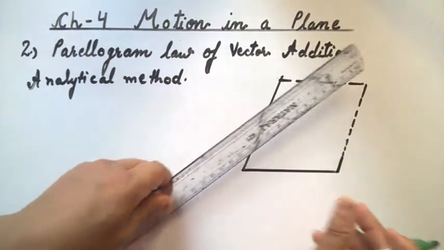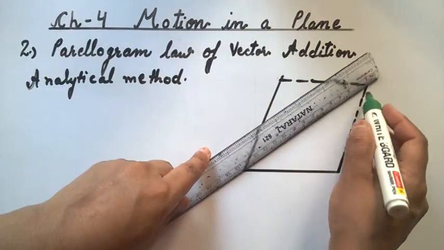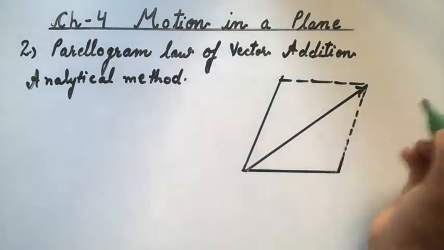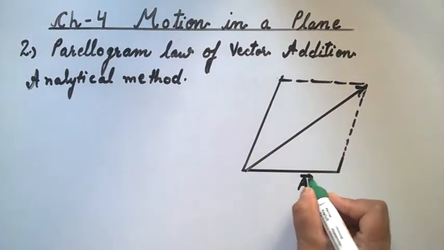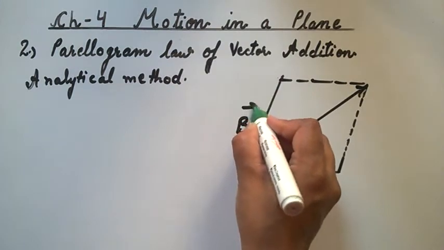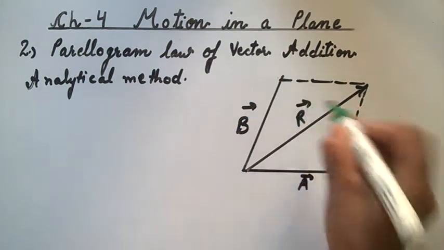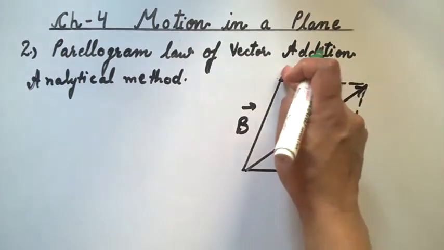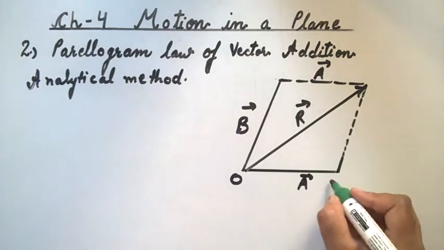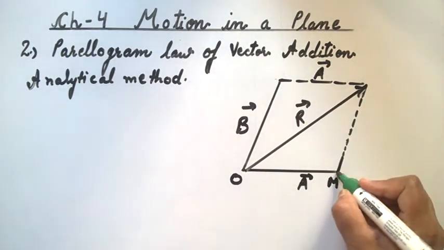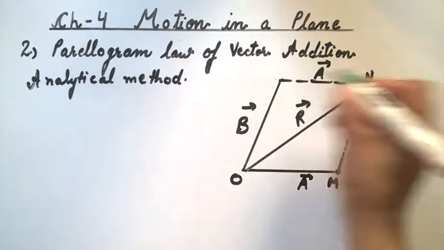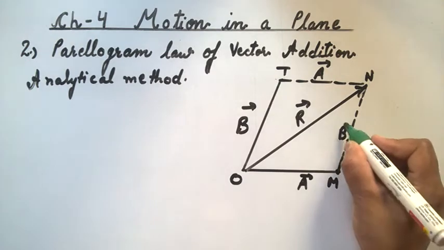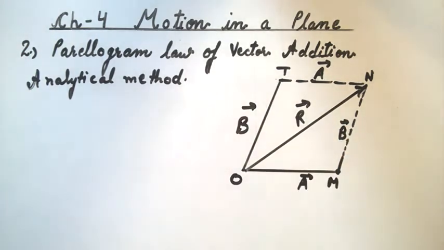And the diagonal. This is vector A, vector B, R vector. Parallel to A vector is A vector. This is O, point M, N, T. This is vector B, parallel to B vector.